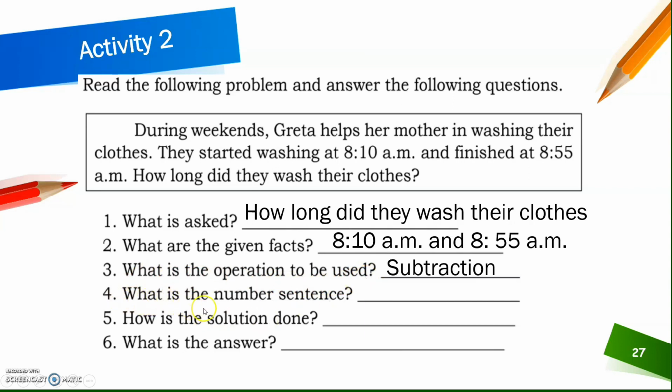And number 4, what is the number sentence? 8:55 minus 8:10 equals n. And how is the solution done? So dito na tayo magsusolve. So 8:55 minus 8:10 is equals to 45 minutes. So they washed their clothes for 45 minutes.